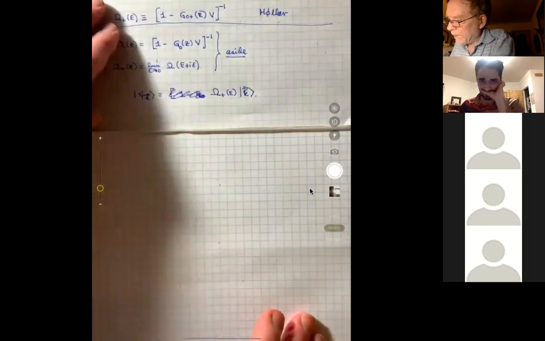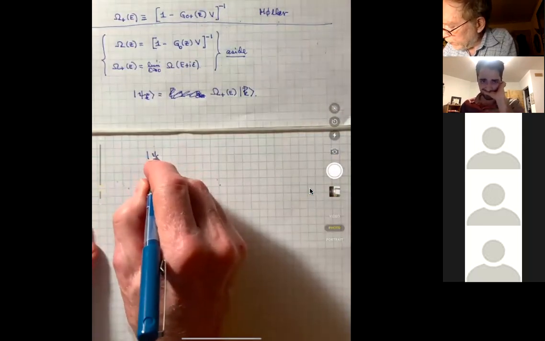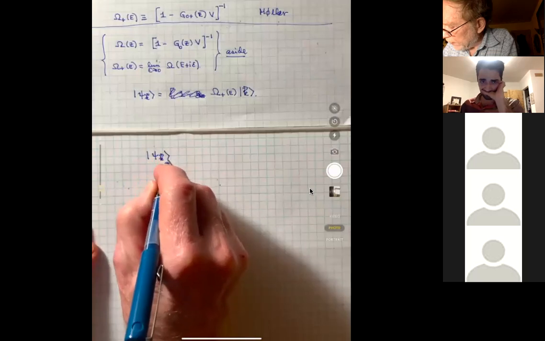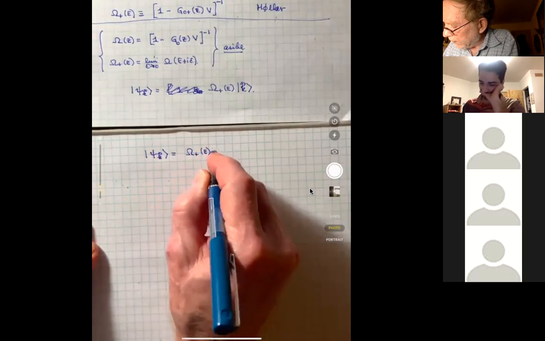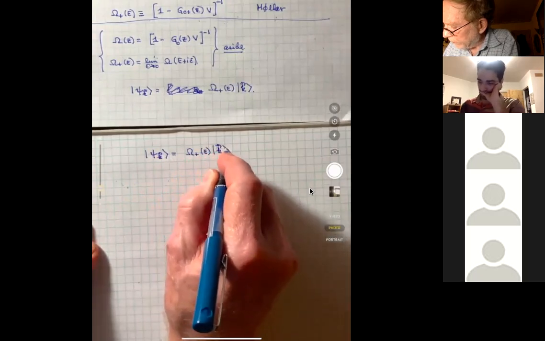In fact, since I messed it up, let me write it again on a clean page here. The exact scattering solution is equal to omega plus of energy E acting on k, the incident plane wave. Okay.